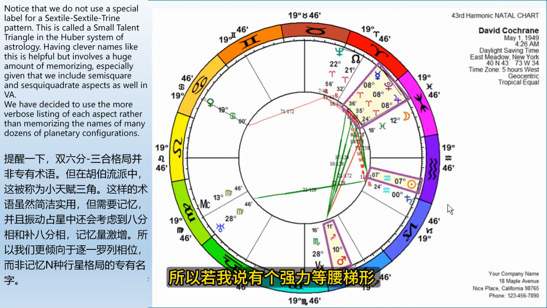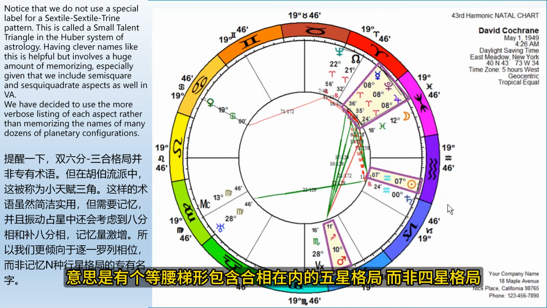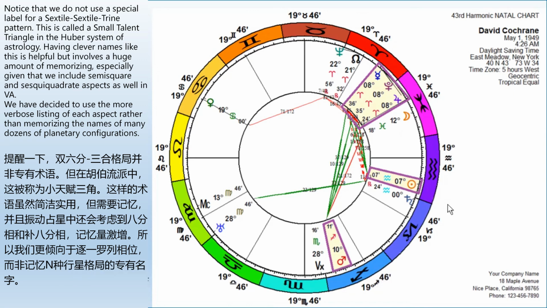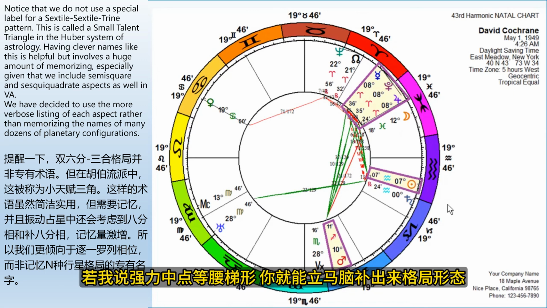So if I say there's a power isotrap, it means it's an isotrap, but instead of 4 planets with the isotrap, there are 5 because of the conjunction. Or if I say there's a power midpoint isotrap, you can immediately visualize what's going on.